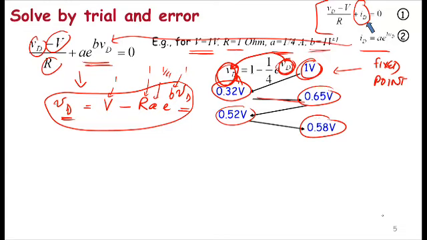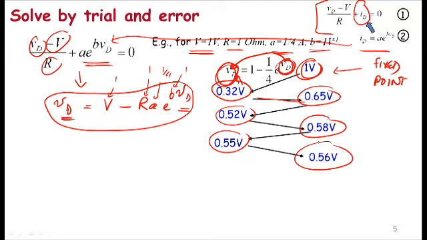Let me plug that in, and I get 0.55 for the VD on the left. Then I plug that in, and I get 0.56 for the right. And then I plug that in, and I end up with 0.56 for the left as well. Notice that I successively kept plugging in values for VD, took the resulting value and plugged that in, and kept going till I came up with a value that yielded the same value on both sides. And so it appears that VD equals 0.56 volts is a solution.